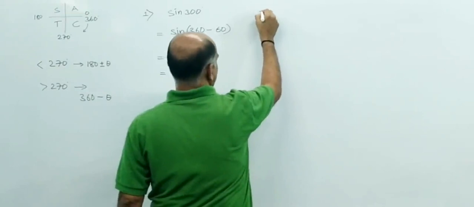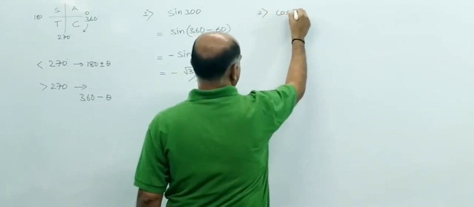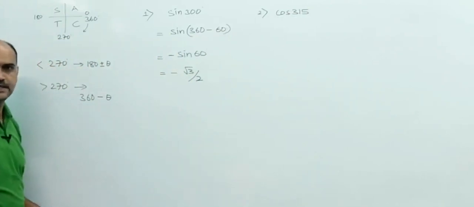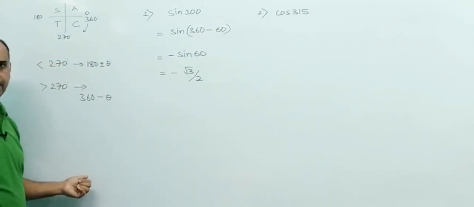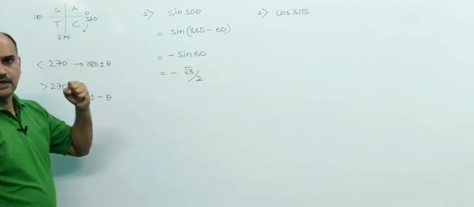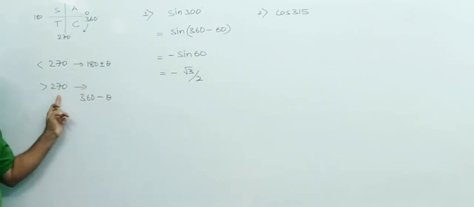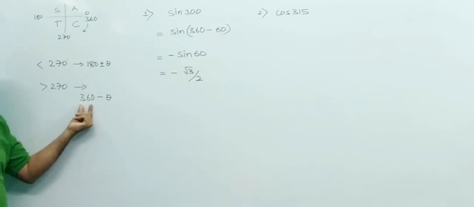Similarly, if I take cos 315. Now 315 again is greater than 270, so it is near to 360.